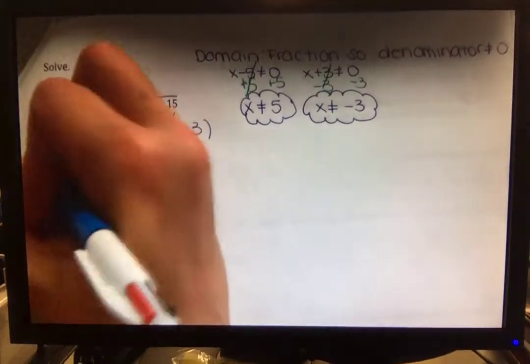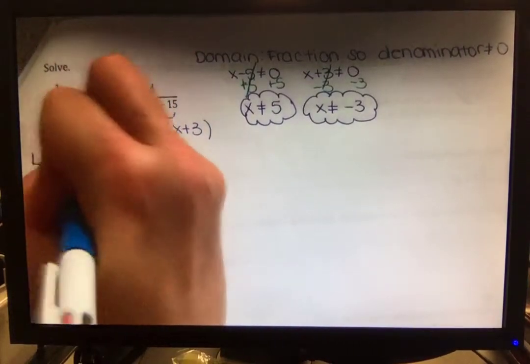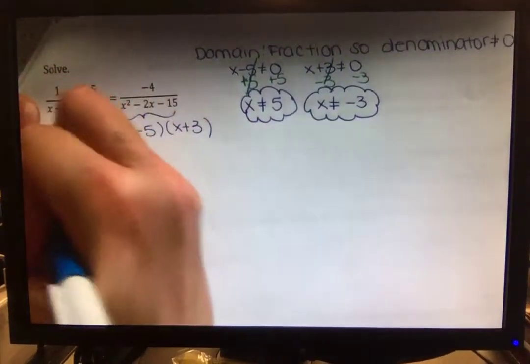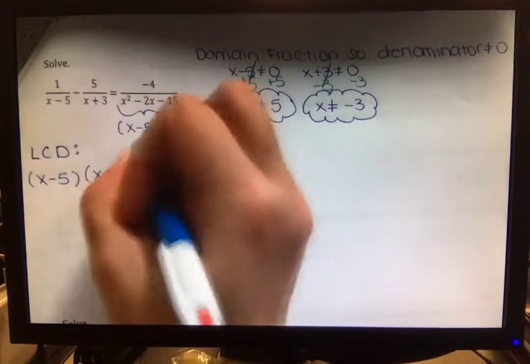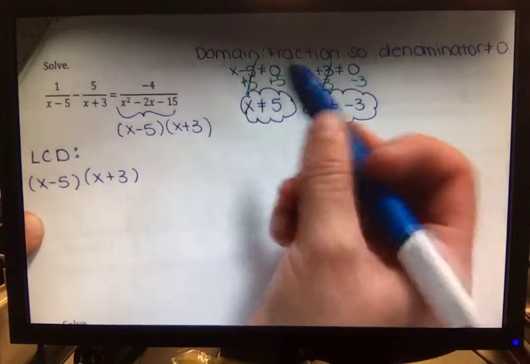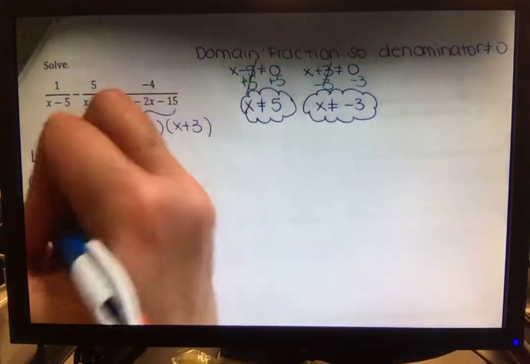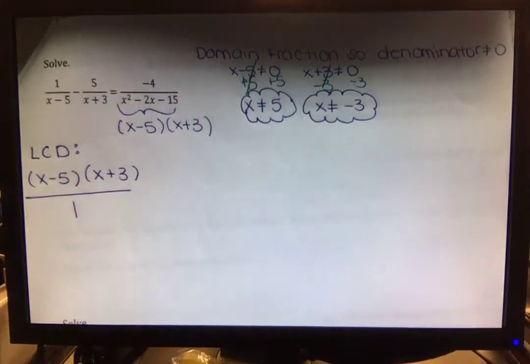So we're going to multiply everything by our LCD. We know x minus 5 has to be in there, and x plus 3 has to be in there. So our LCD is going to be x minus 5 times x plus 3.